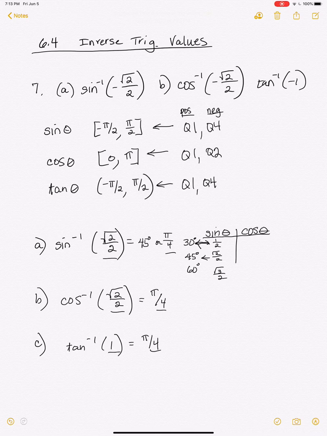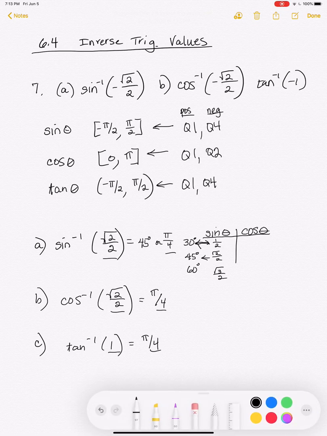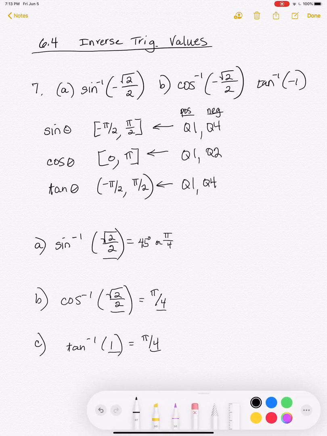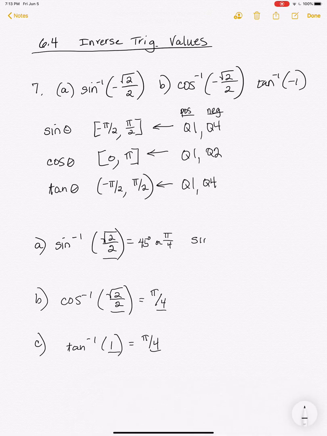All right, now we're going to make it a little bit more complicated. So let's go back and do, let me erase this and get it out of the way. All right, let's do our negative values. So now I'm looking for the sine of what angle is the square root of 2 over 2, except this time it's negative.